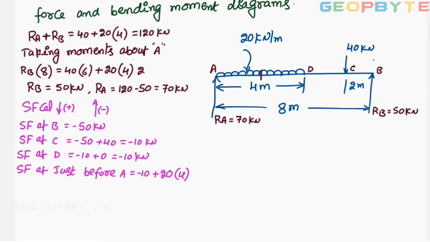Shear force calculations are for point loads only, but from the UDL you have to convert to a point load. The point load from the UDL is obtained by multiplying UDL with UDL distance. It is giving 70 kilonewtons. Then look at the shear force at exactly A. Already 70 is there. Minus 70 equals 0, because at A, RA is acting vertically upwards. Upward force is taken as negative.